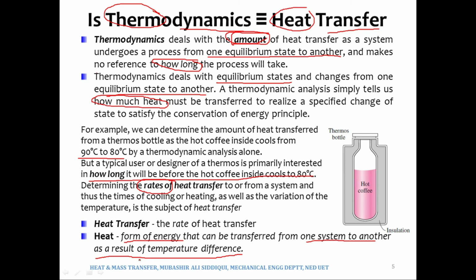Now what this means is that if there are two systems, say A and B, and suppose that A is at a higher temperature, say 100 degrees Celsius, and B is at a lower temperature, for example 30 degrees Celsius.